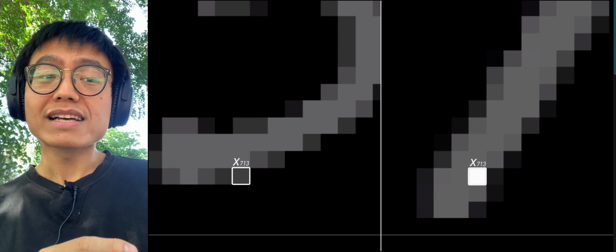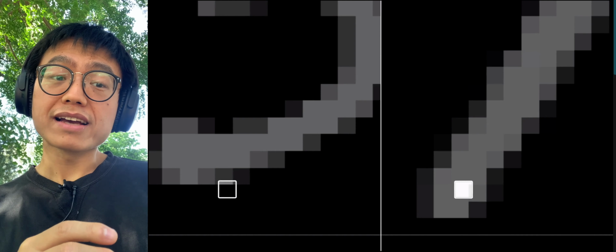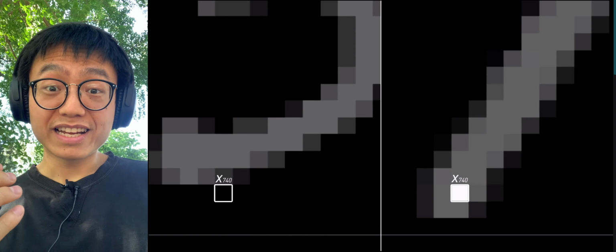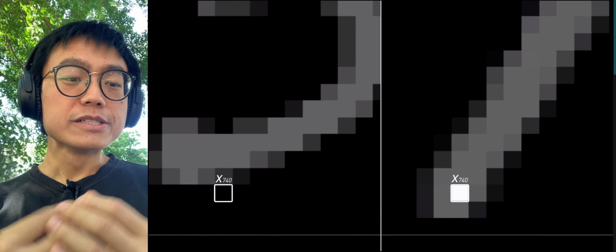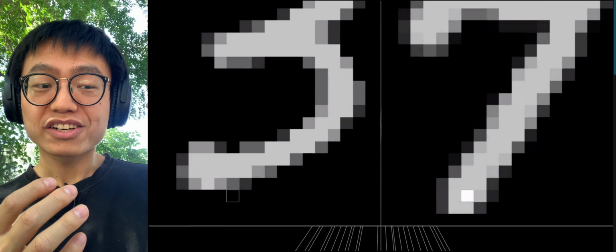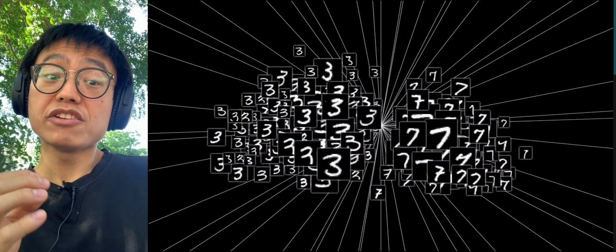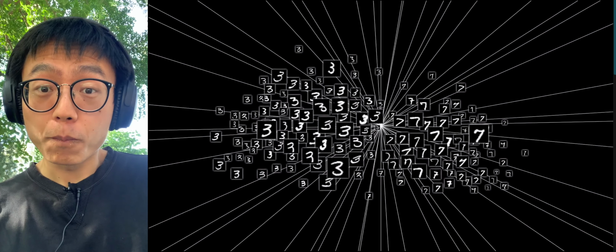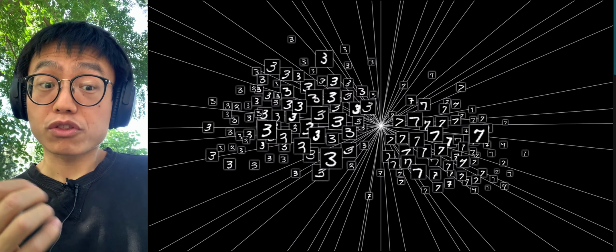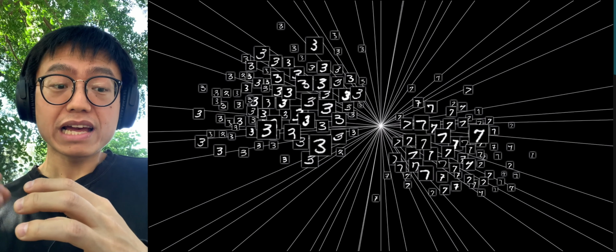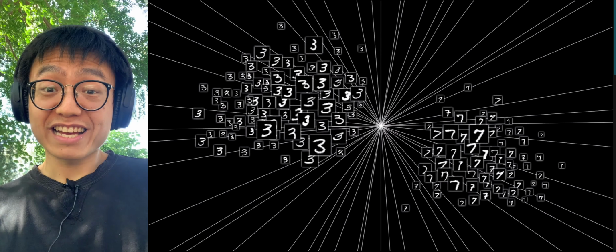On the other hand, on the pixels in the lower middle area, such as x713 or x740, the grayscale of number 7s is generally higher. So, after we point the vectors that represent these two numbers to the 784-dimensional coordinate system, the vectors of number 3 will form a set, while the vectors of number 7 will form another set.